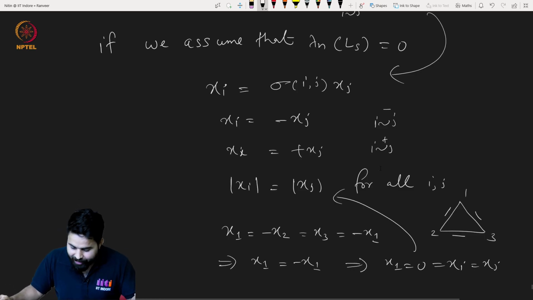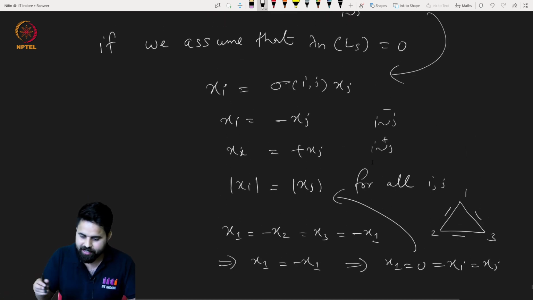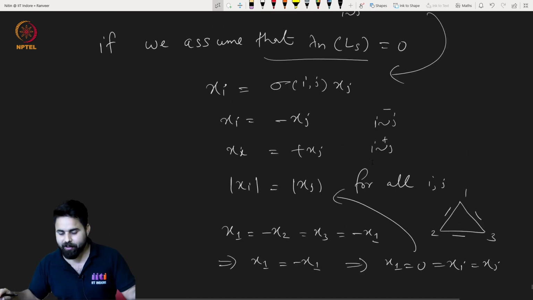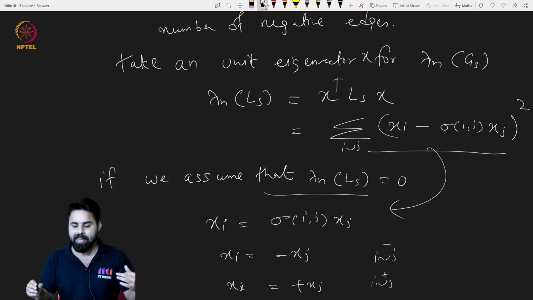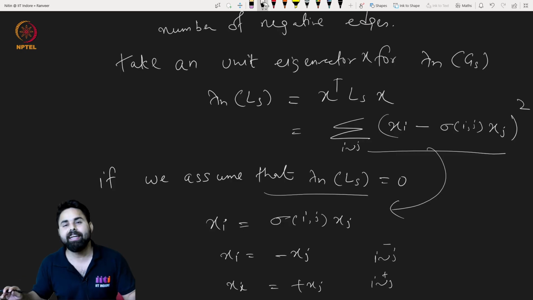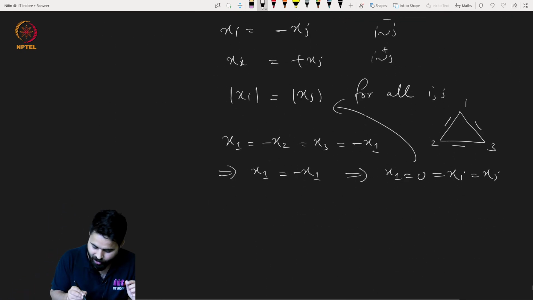So that's why our assumption is wrong, that lambda n is equal to 0. By this argument, lambda n cannot be 0, hence the matrix Ls must be non-singular.